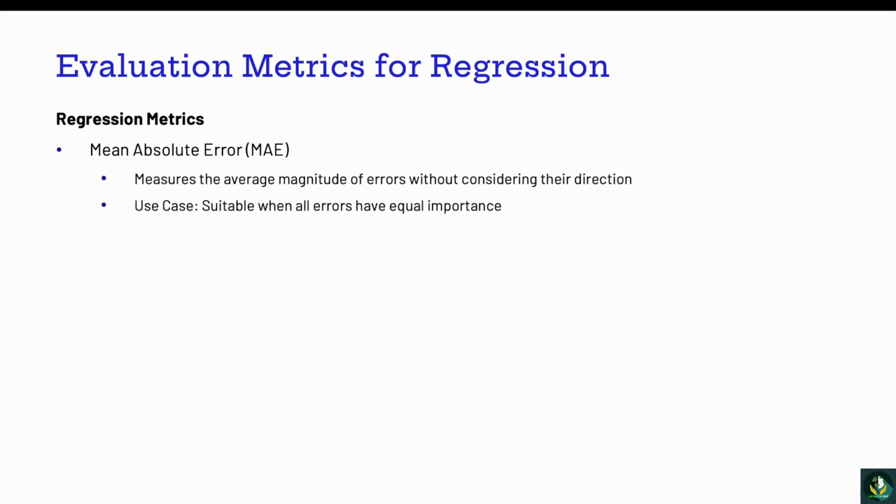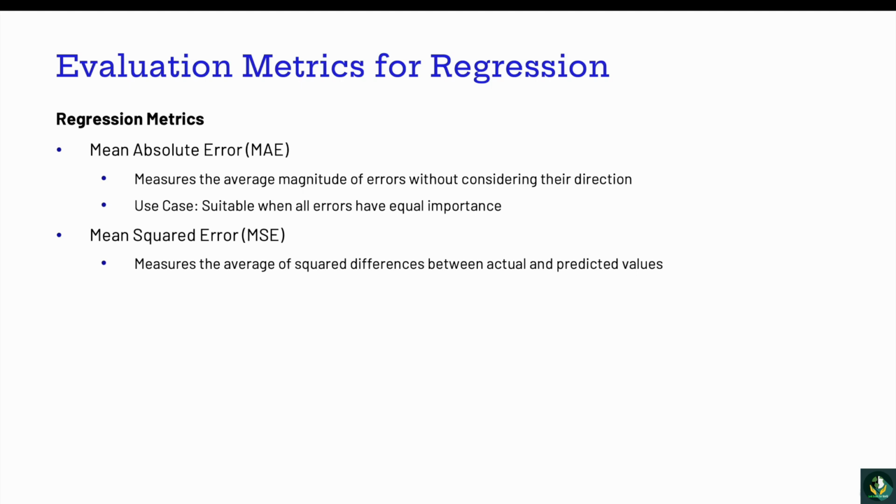Use case for mean absolute error: it is suitable when all errors have equal importance. Next, let's talk about mean square error, or MSE. This measures the average of square differences between actual and predicted values. The use case for this is it penalizes larger errors more than MAE, making it sensitive to outliers.